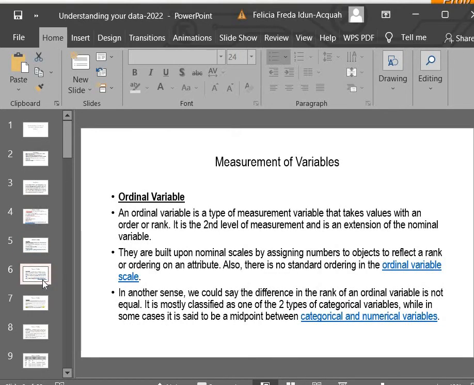The next level is what we call ordinal level. Ordinal variables are variables that exhibit the characters of that of the nominal variables, but they also have extension. The extension is that they are built upon nominal scales by assigning numbers to objects to reflect a rank or ordering on an attribute. However, you have to take note that there is no standard method for ordering the variables.